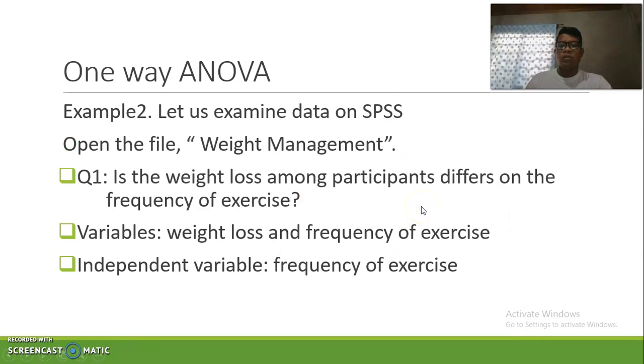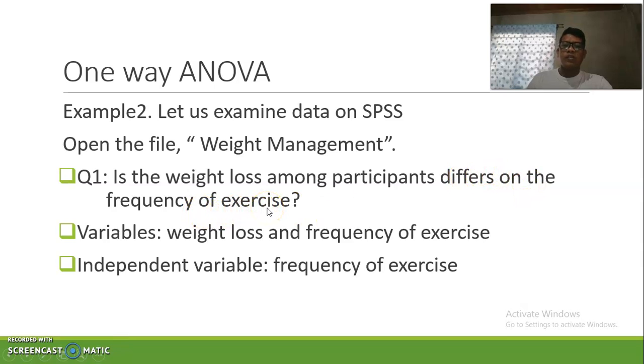Later on I will show you where this post hoc test is found in our SPSS output. Let us open a data file in SPSS, the weight management file. Our question is: does the weight loss among participants differ on the frequency of exercise?